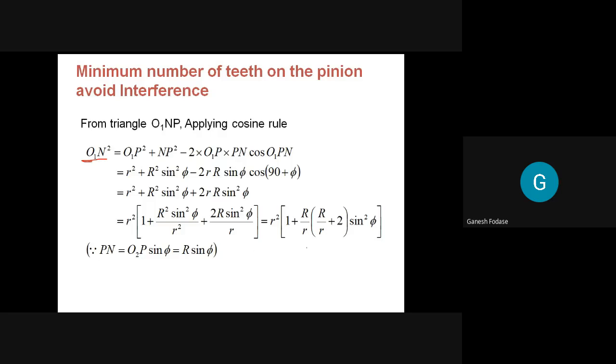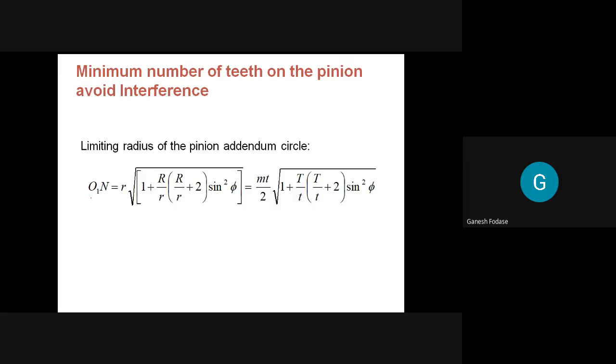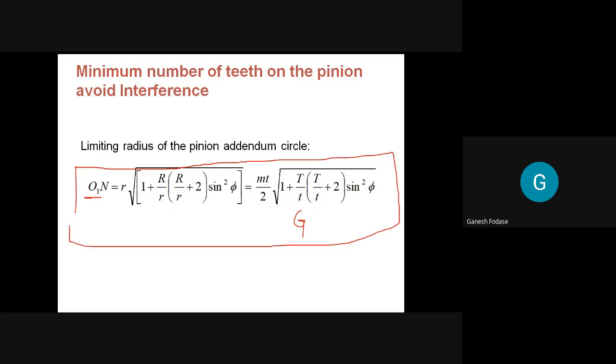It is actually O1N squared, so it will be equal to the square root of mt by 2 into root of 1 plus t by T. This t by T is nothing but G. So the simple formula is m into t by 2, in bracket 1 plus G upon G into G plus 2 sine square phi. Remember, this is the value of the maximum addendum radius, or you can say the limiting radius of the pinion to avoid the interference.